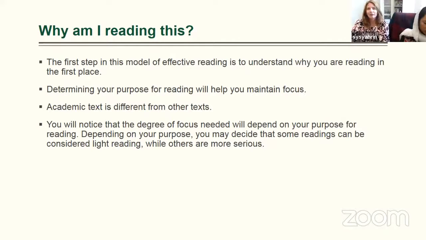Academic text is very, very different. You're looking at a lot of complex, difficult terminology, and especially more challenging if you're reading it in not your target language. For example, if you're a native Arabic speaker, reading it in English will slow you down even more. So if you know what kind of material you're reading, then it can show you how much focus you need to put into that reading.